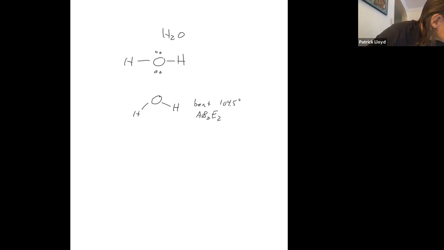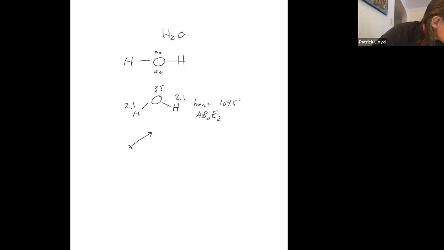Okay, so now let me show you the vectors. This one is 3.5, this one's 2.1, and this one's 2.1. So you have one vector going like this toward the oxygen, right? It's going to be a relatively long vector. It's large magnitude because it's a big electronegativity difference.